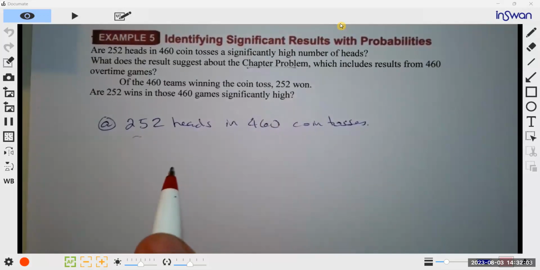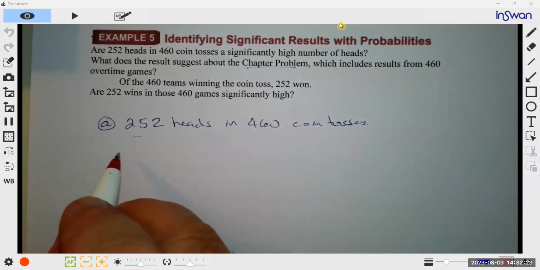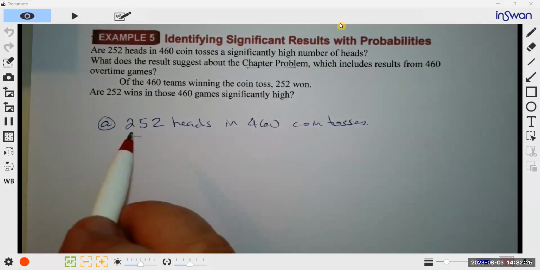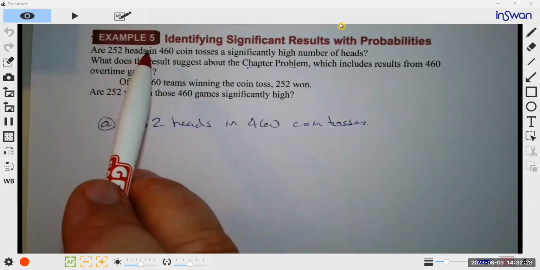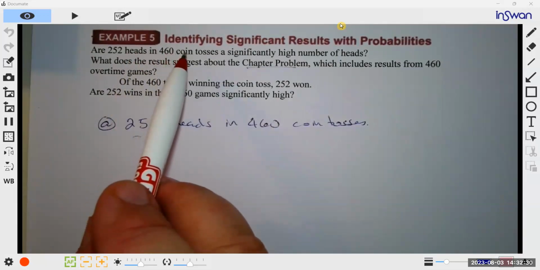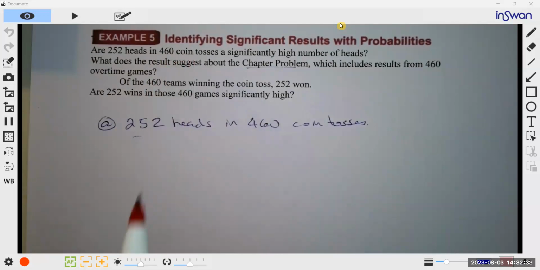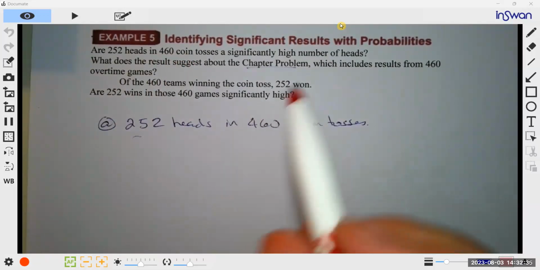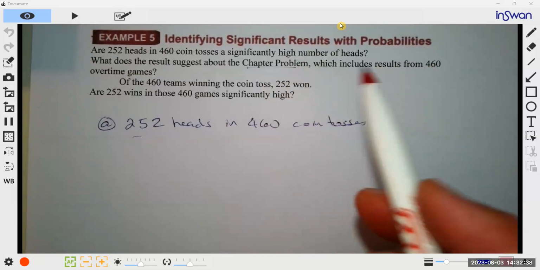But is it significantly higher than expected? No, we're not given the exact probability just yet.